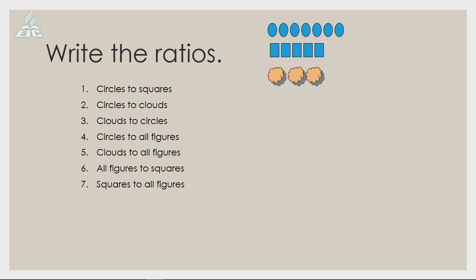Number 6, all figures to squares. And number 7, squares to all figures. Okay? I know you're ready to share your answers with me. So we're going to go back to number 1.